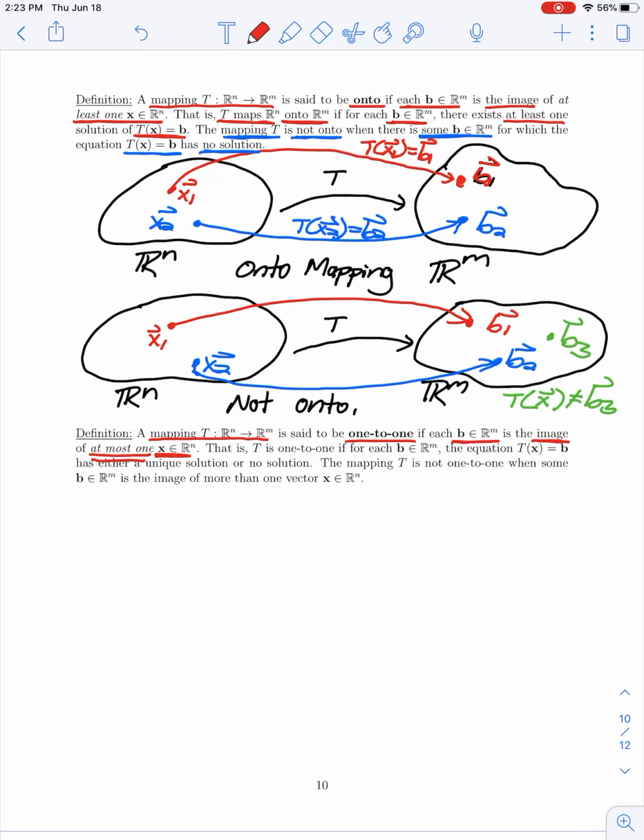So here, the difference between onto and one-to-one is that T is one-to-one if for each b in the codomain, the equation T of x equals b has either a unique solution or no solution.